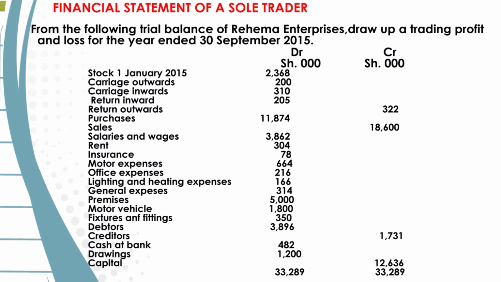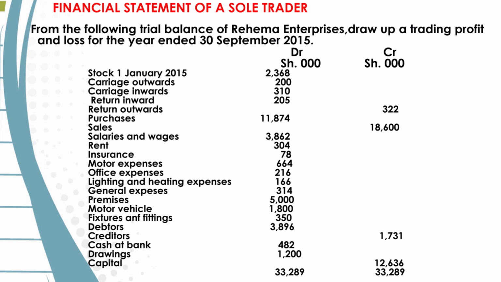Lighting and heating expense, 166. Then there is general expenses. General expenses is 314.